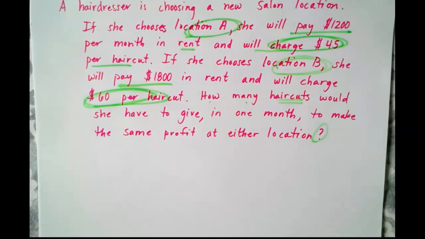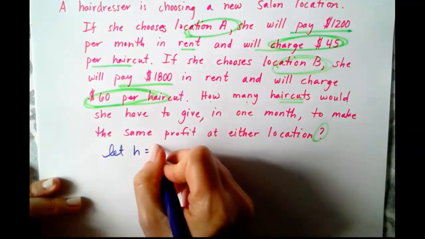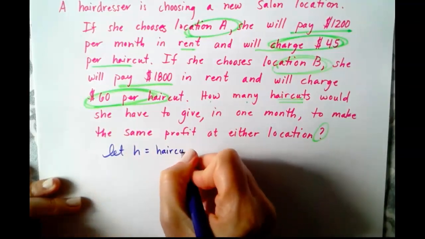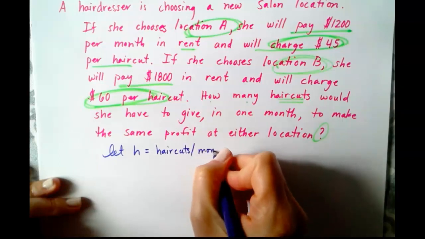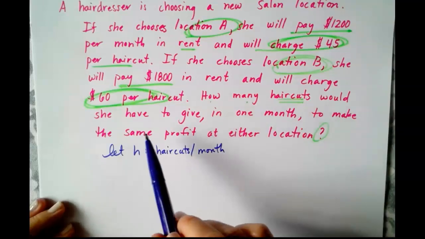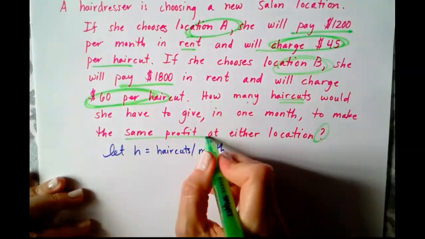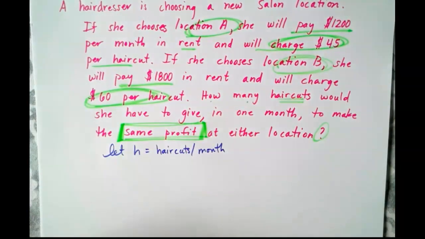So let's define that variable. Let H equal the number of haircuts per month. That's our variable, H. And we want to know how many haircuts would she have to give in order to have the same profit. I should definitely put a box around that.